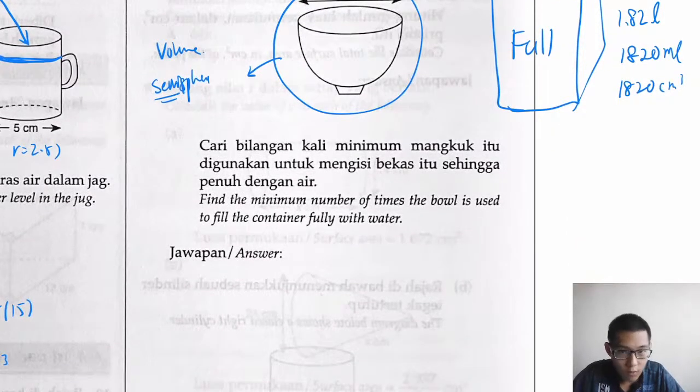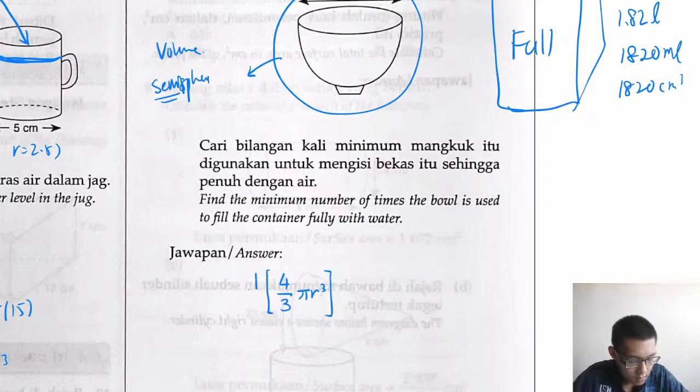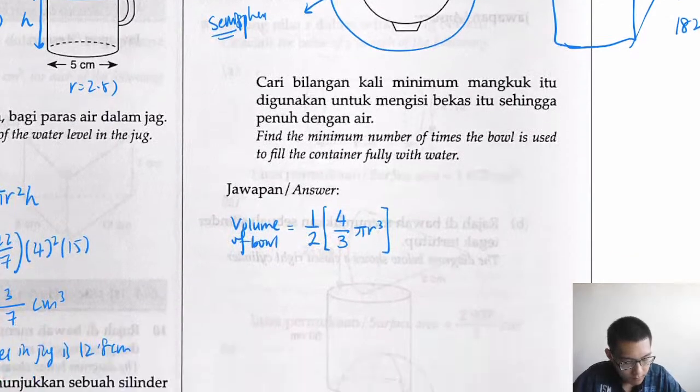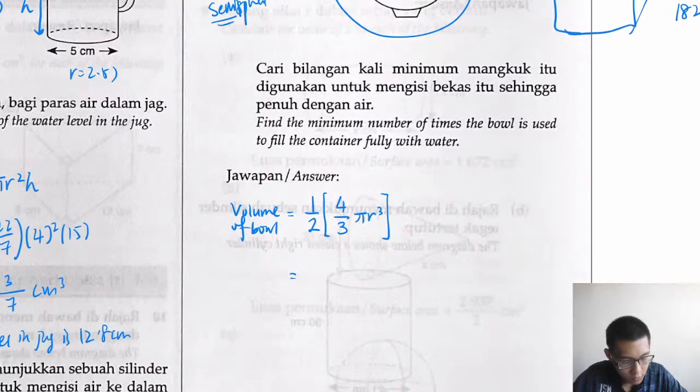The volume of a sphere is 4/3 pi r cube, right? When we need to find the half, take the semi, that means 1/2. So the volume of the bowl is equal to 2/3 pi r cube.